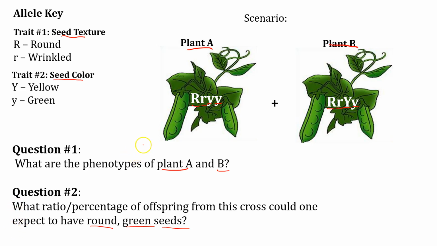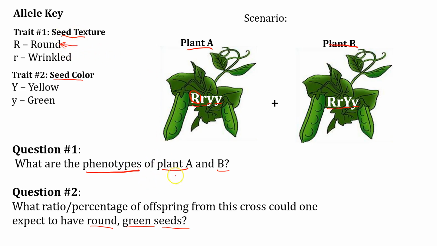Okay, question number 1, when we're talking about the phenotypes, that is just the appearance of the plant. So this plant here, plant A, might have the genotype that's heterozygous. It might have one dominant allele and one recessive allele, but when we're talking about the phenotype, we're only concerned about its appearance. And so plant A, because it has the dominant allele here for seed texture, it will have that dominant phenotype.